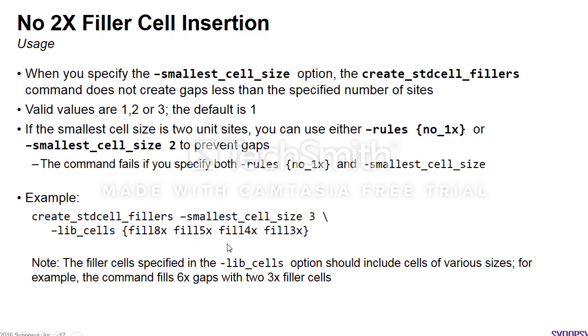For example, if you have a 7 site gap, you can use 3 and 4 to fill the 7x gap. So you need to specify any combination of nodes to fill the gap.